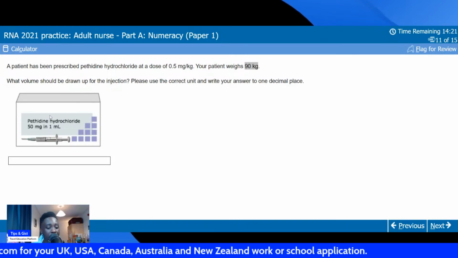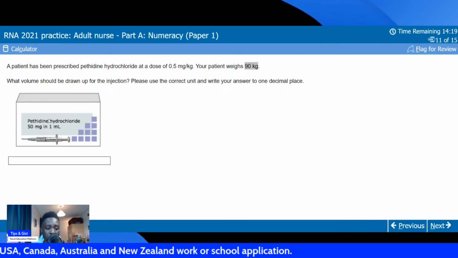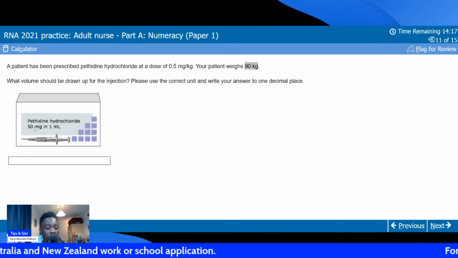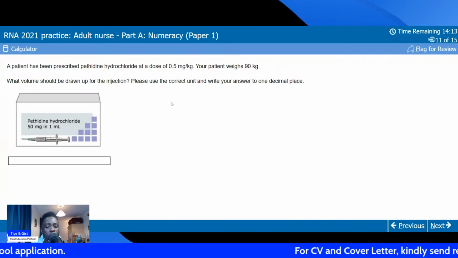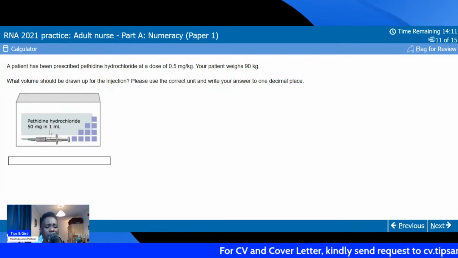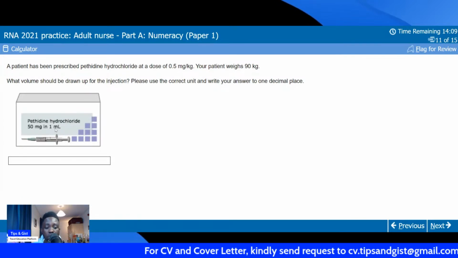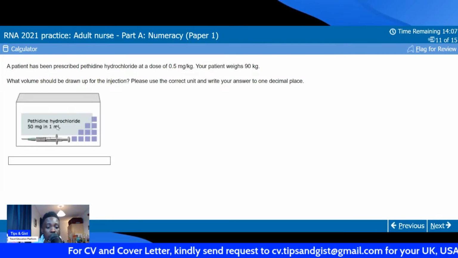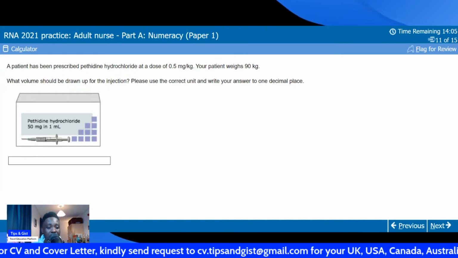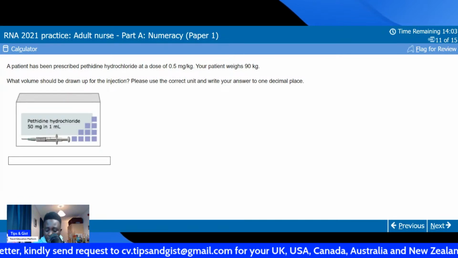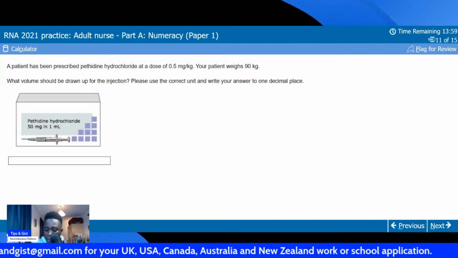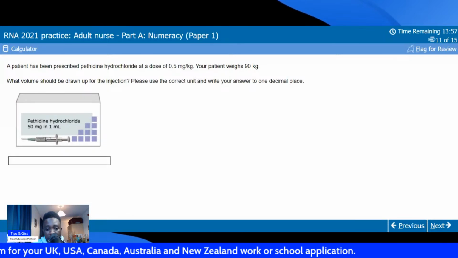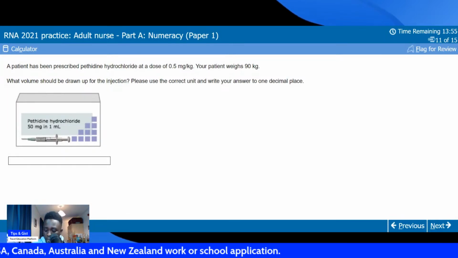Now you come back to what the manufacturer is telling you. The manufacturer says 1 ml is 50 milligram. And now you know that you are giving 45. That means it will be less than 1 ml. So you use that same calculation: if 50 mg equals 1 ml, then 45 mg equals x.